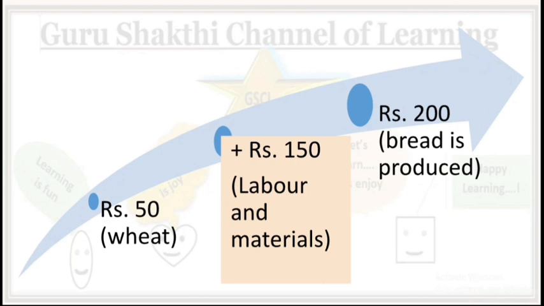First, they bought the wheat, which was worth rupees 50, from the farmers' group. Then, using human labor and other capital goods worth rupees 150, they produced the bread. To the value of wheat, there is a value addition happening, that is of 150. Ultimately, the firm made a product worth rupees 200.